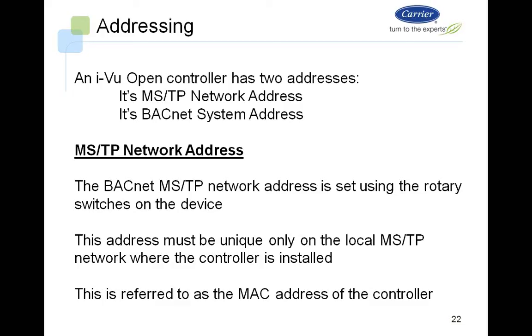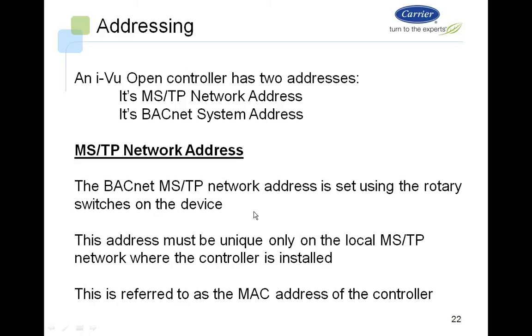For open controllers, the BACnet MSTP network address is set using the rotary switches that reside on every open controller. This address must be unique only to the local MSTP network where that controller resides. And this MSTP network address is typically referred to as the MAC address of that controller.